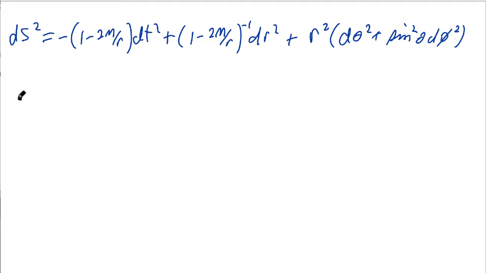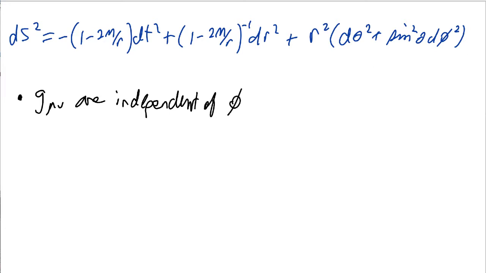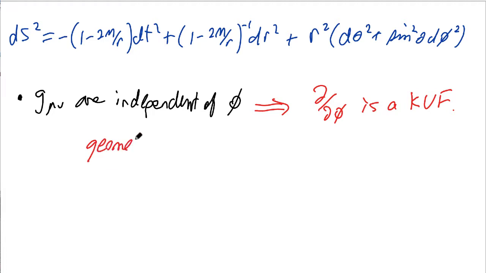Well, one thing that we notice is that the metric components, g mu nu, are independent of the coordinate phi. And this tells us that the vector field d by d phi is a Killing vector field. So in other words, the geometry has a rotational symmetry.